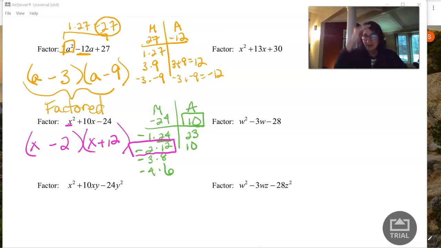Now, for the next one, working our way down, that one has 2 variables, not just 1. So notice I've got a y in here in addition to my x. So not to worry. What you want to do first is ignore the second variable.